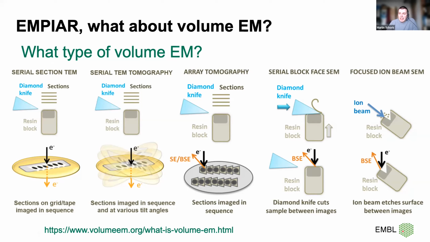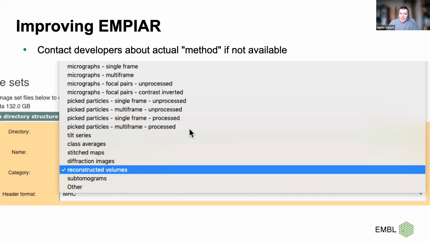But you can see already there are 5 or even more different techniques under the volume EM tag. And each of them has different metadata associated. Each machine works in a different way, and so you immediately realize that there's a huge mess of experimental data and metadata that you somehow need to keep track of. That's when it gets tricky.